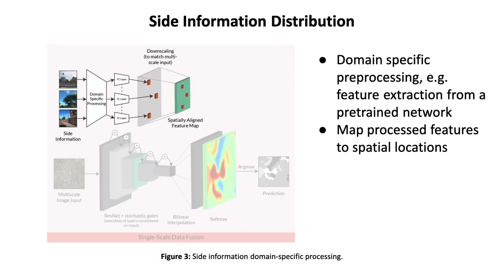The second key component of SideInfNet is the Spatial Information Processing and Distribution Network. For this part of the network, the side information is processed separately from the main images due to significant differences in modality, locality, and other features. First, domain-specific pre-processing is performed on the side information, and this may either be a learned network or a pre-trained network.